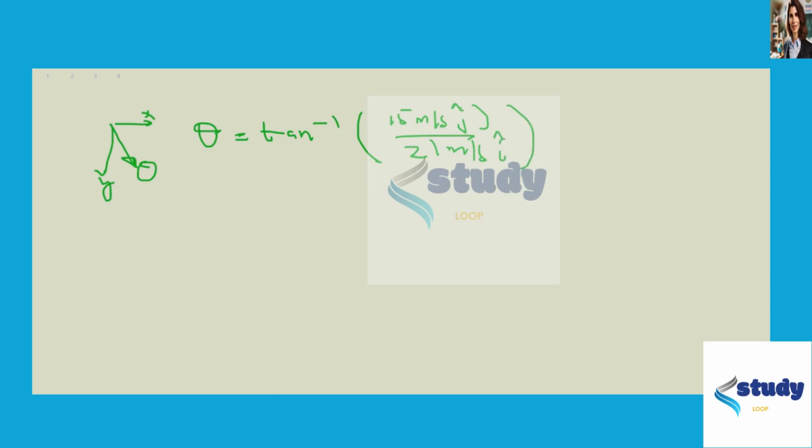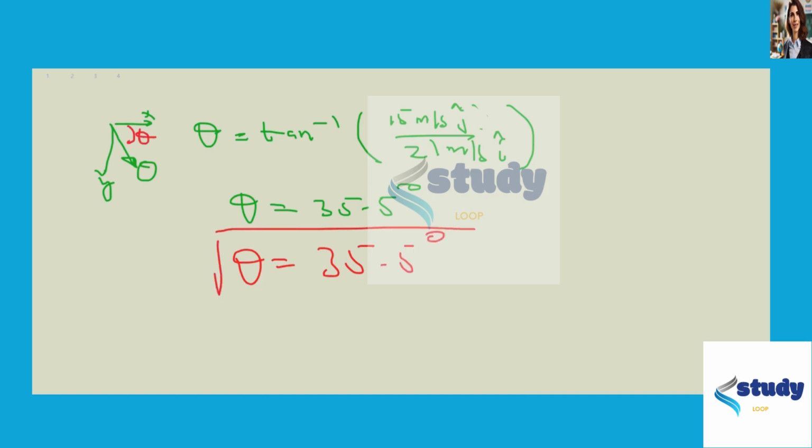Okay, that's the information that we have at this point, and we're using that to find the angle. So theta happens to be 35.5 degrees. So our theta angle is this one right here, and it happens to be 35.5 degrees.